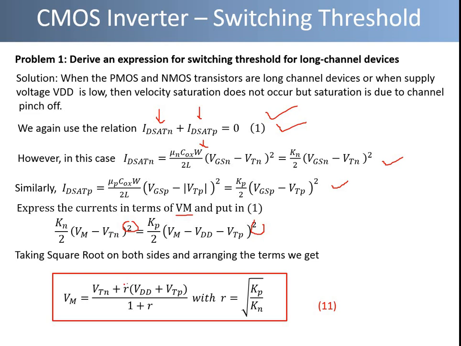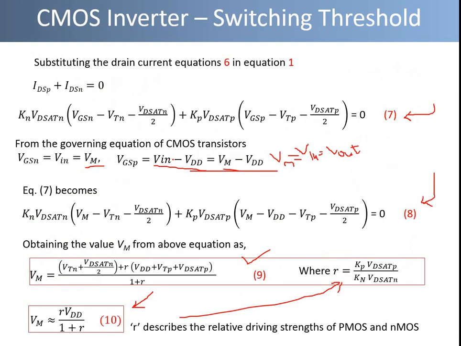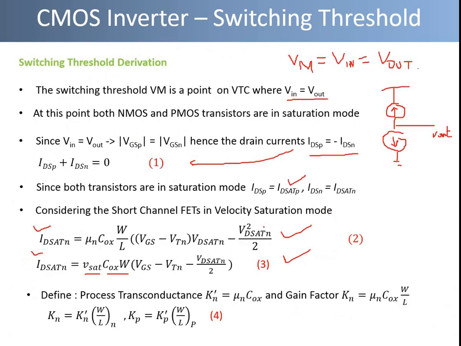In this case the factor R is equal to under root Kp by Kn. So you have to remember two things. If the transistor is a short channel device, then it enters the saturation mode due to velocity saturation, and for this you have to use this set of equations for their current.